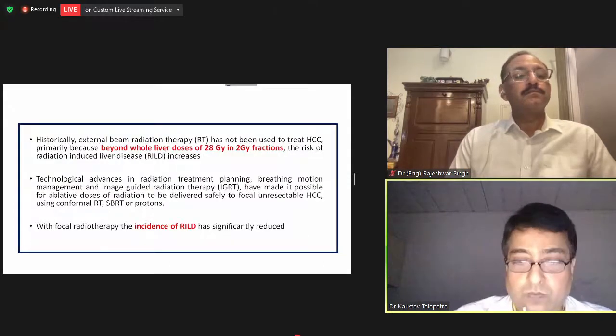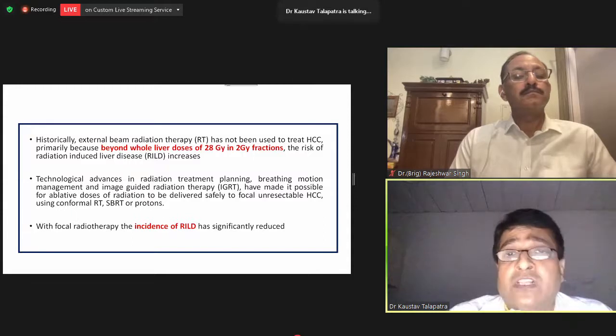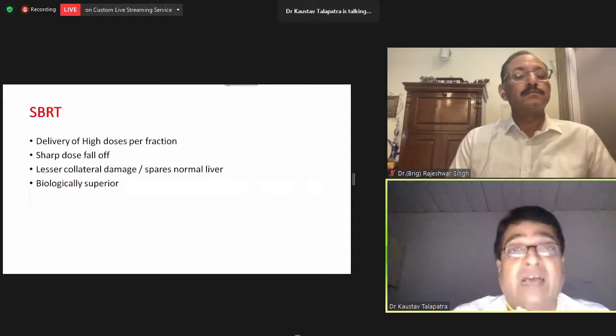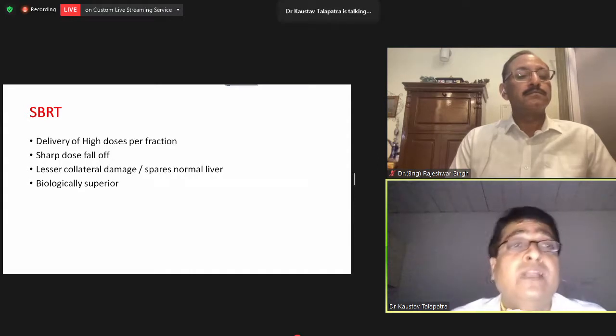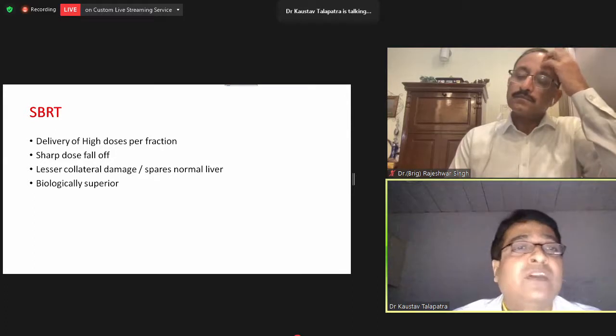So, as I said, initially, we were all scared about whole liver doses of 28 gray and beyond because the incidence of RILD was great, but we have learned to deliver focal doses to the liver. And how have we learned to deliver focused doses to the liver? It is by stereotactic body radiotherapy.